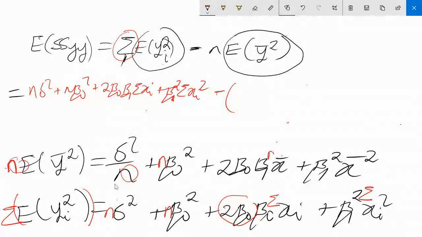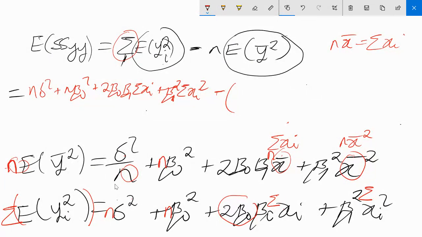Here I'm going to have n multiplied by x bar. n x bar is equal to summation of xi. So I'm going to replace this by summation of xi. Here, I'm going to have n x bar squared. Is it clear?